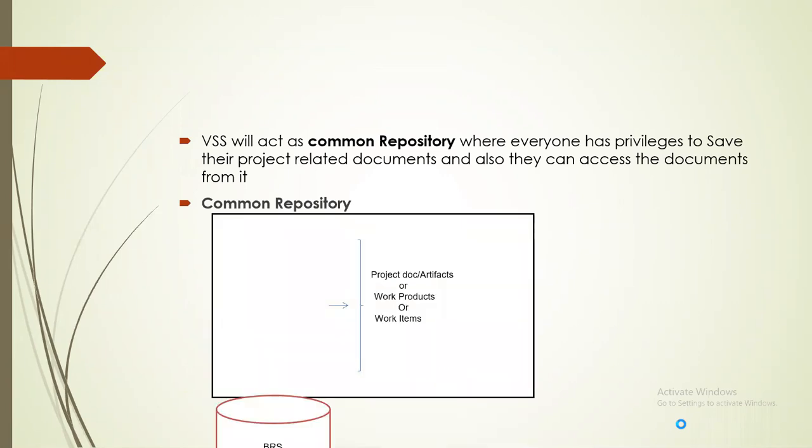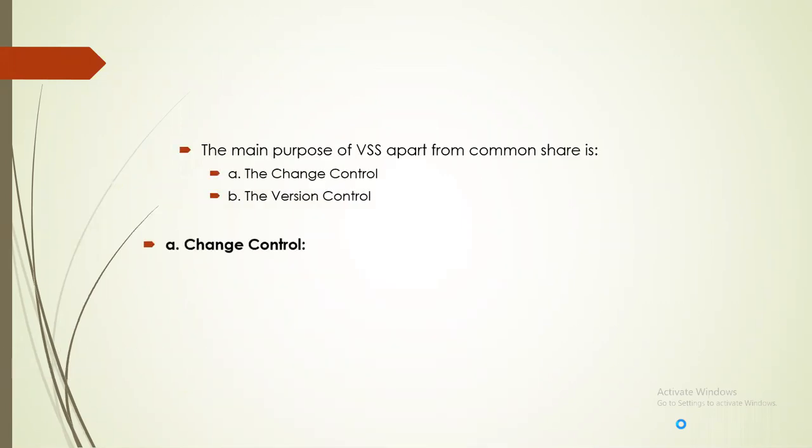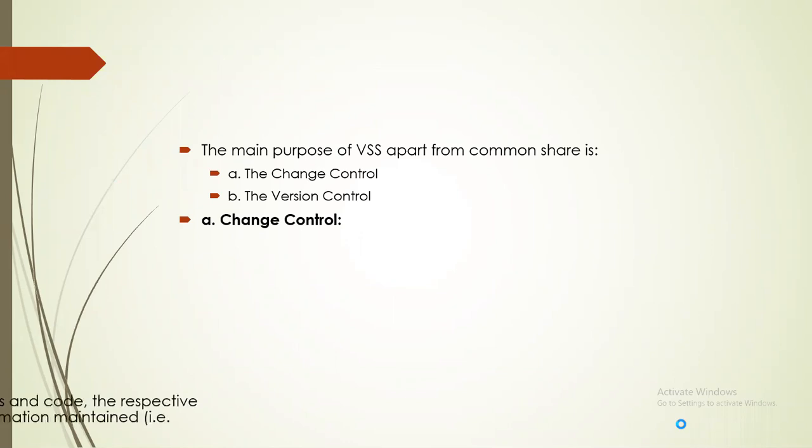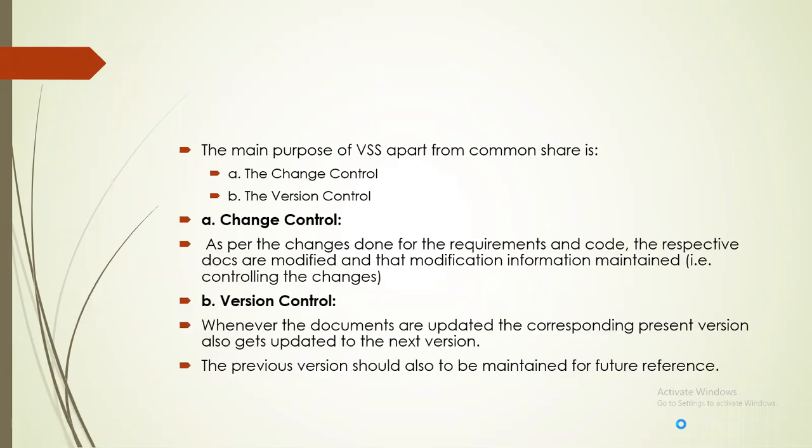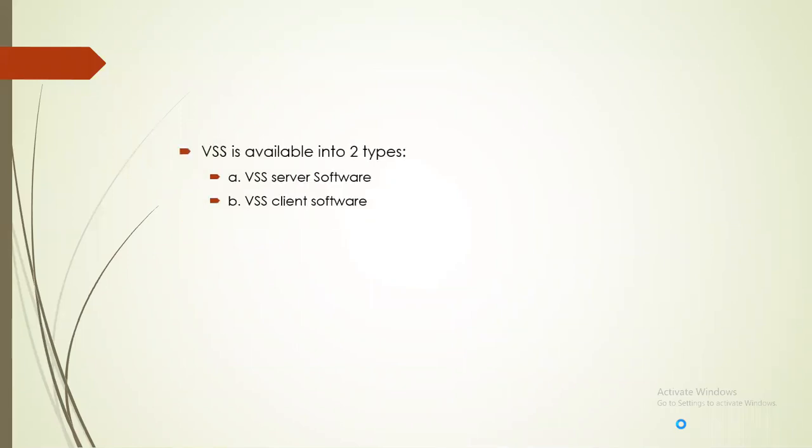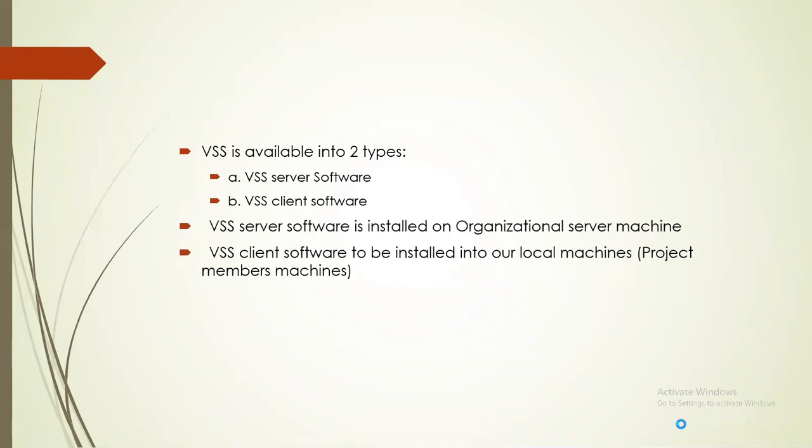Like we can use it as a common repository. We can go for change control and version control. Then VSS has two kinds of software, that is VSS server software and VSS client software.